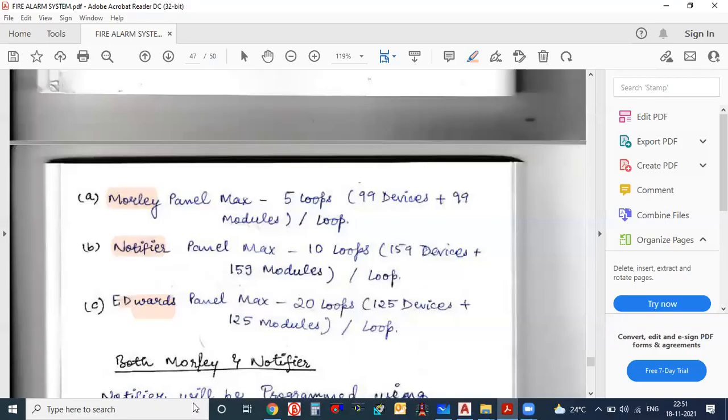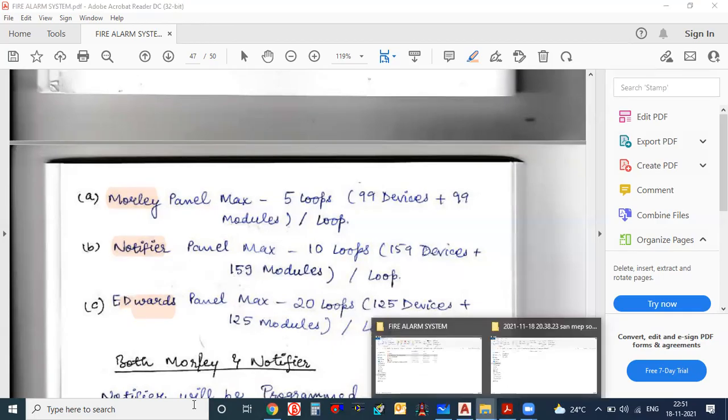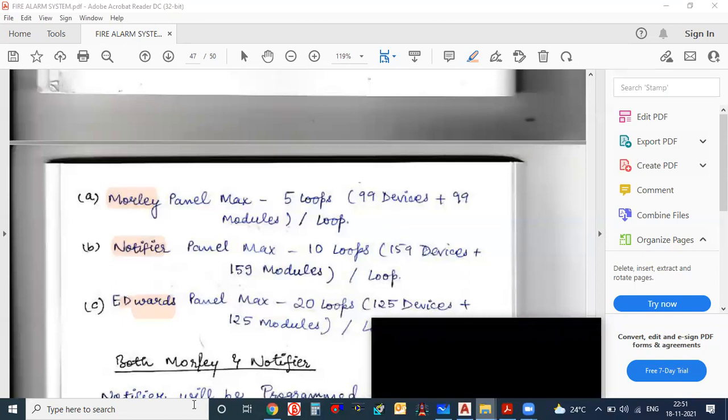Here I have written Morley, Notifier, Edwards, and I will also share, and I think I have shared with you this particular one. One minute. There is one Notifier folder also, so you need to check that also.